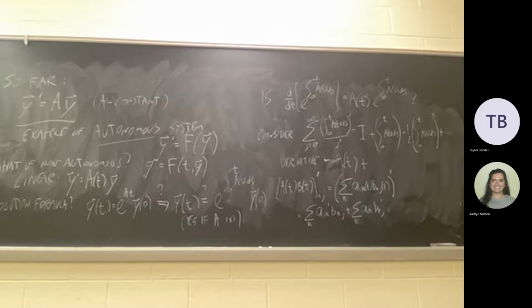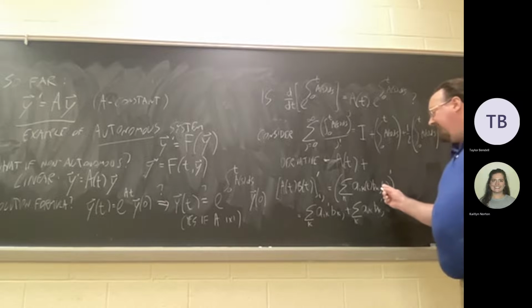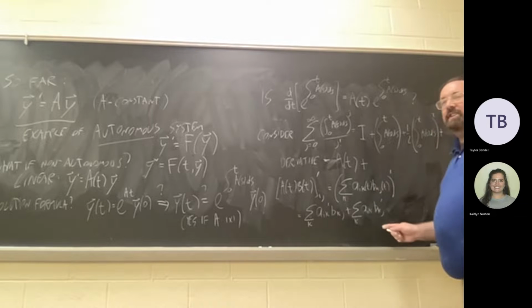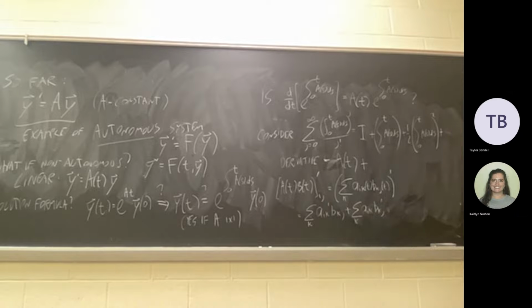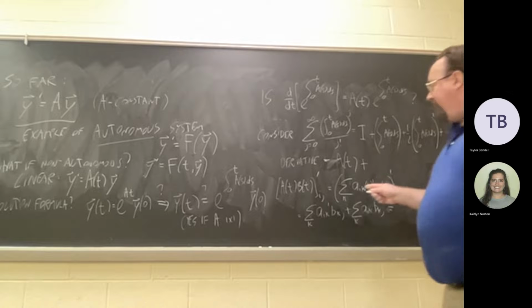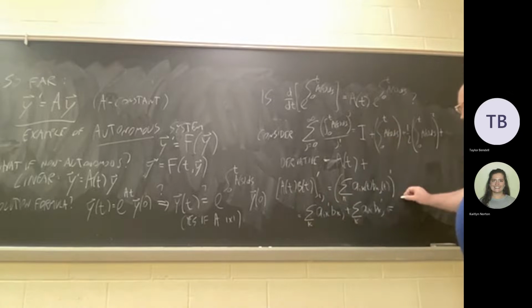All right. Well, just as this is a matrix product, you see the index pattern doesn't change. These are also matrix products. So the derivative of A of t times B of t, what matrix products should I write here?